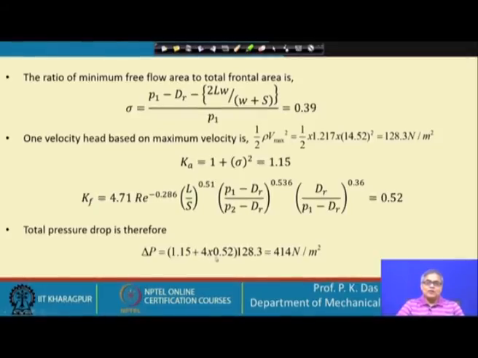We have to see how many rows are there, so that is why this 4, the number of rows, we have to give. And then half rho V max square, that is 128.3. Giving everything, it is 414 Newton per meter square. So, this is the pressure drop across the fin tube heat exchanger.